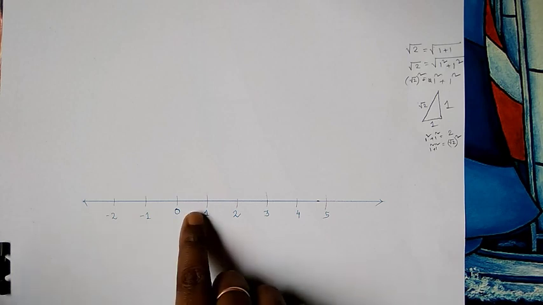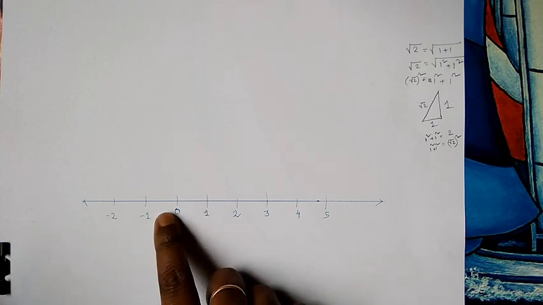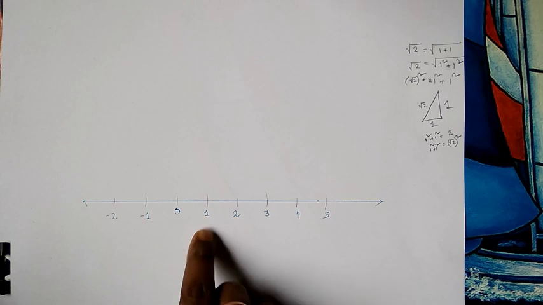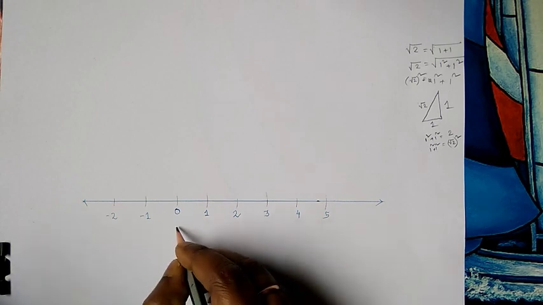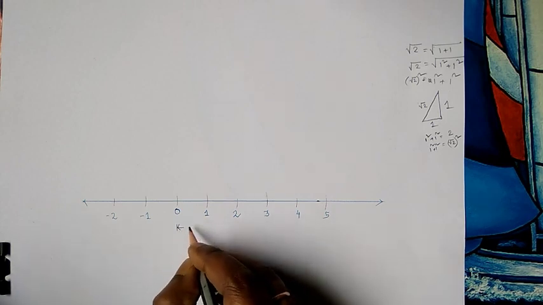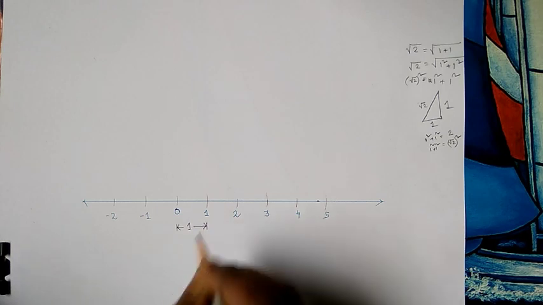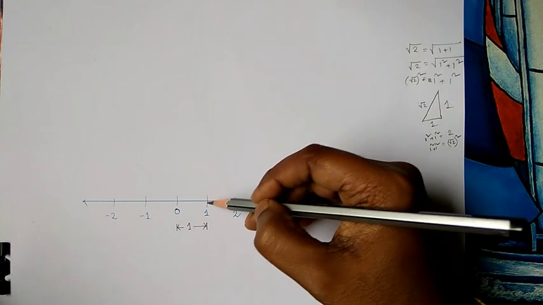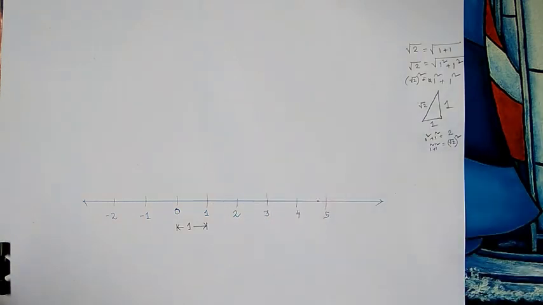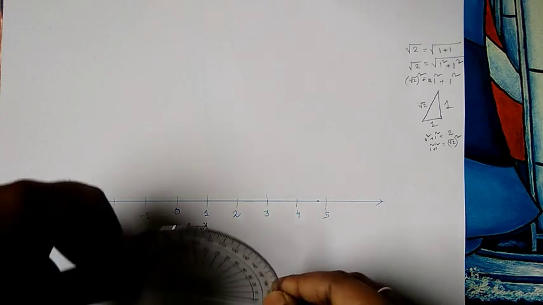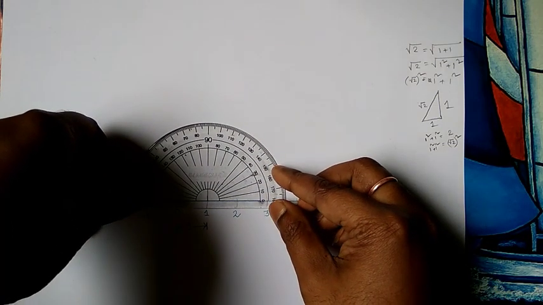So first I will draw here 0 to 1, already 1 unit. We can say this one has how much length? 1. Correct? Now I am going to draw here one perpendicular. By protractor or by compass you can draw.